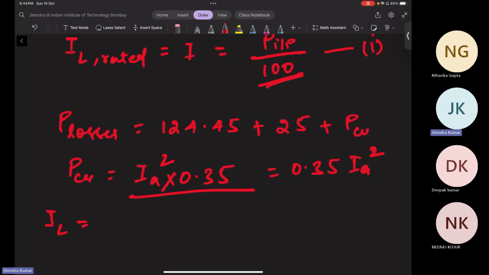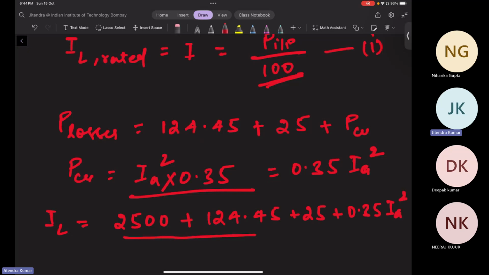P input we can write as output 2500 plus losses: 124.45 plus 25 plus 0.35 IA square, divided by 100.